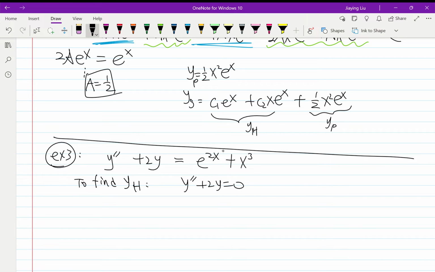The characteristic equation is lambda squared plus 2 equals 0. And the lambda turns out to be complex, plus minus square root of 2 i, right?